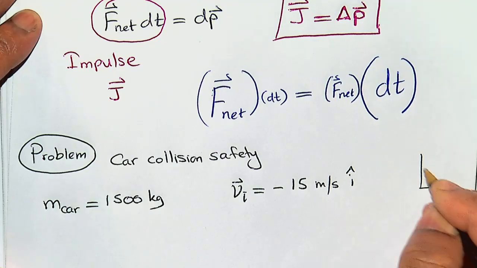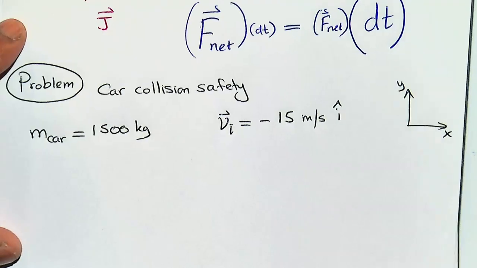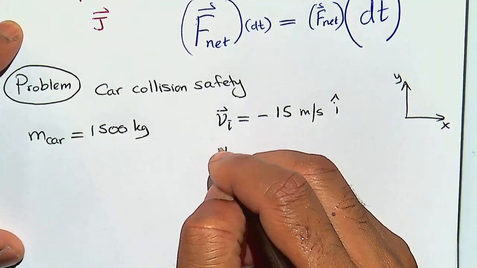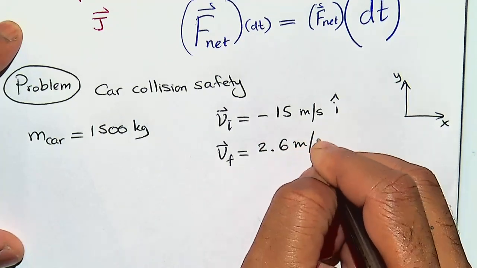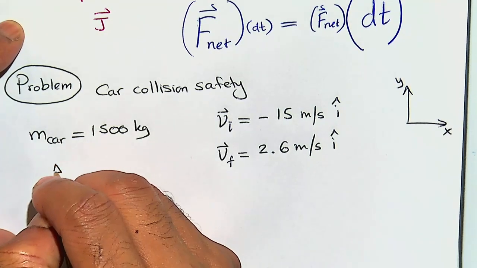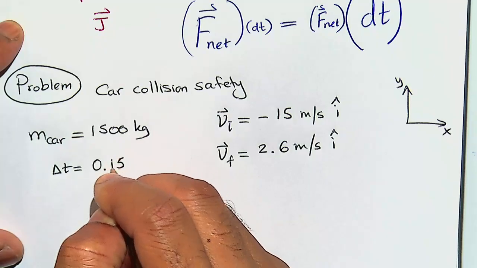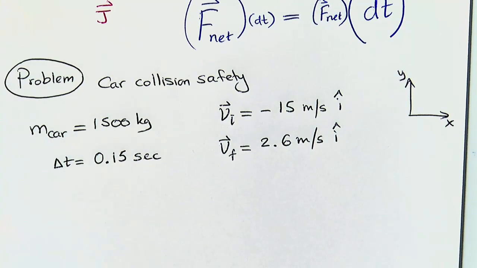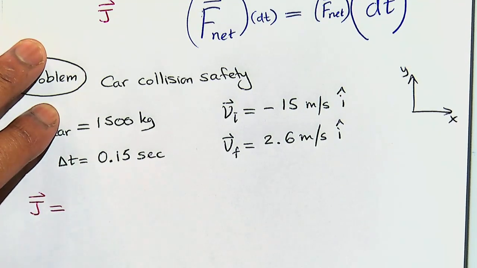Let's say my coordinate system is x to the right, y up, standard coordinate system. It's traveling initially in the negative i-hat direction, and then final velocity after the collision is 2.6 meters per second, again i-hat, positive now. The collision happens over a time period of 0.15 seconds. What is the impulse?